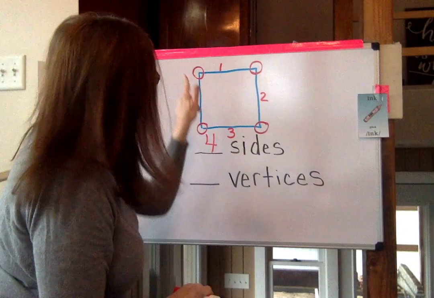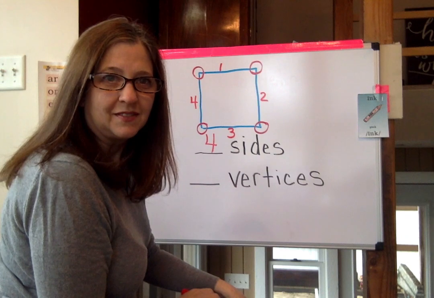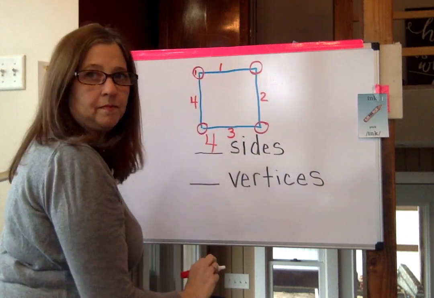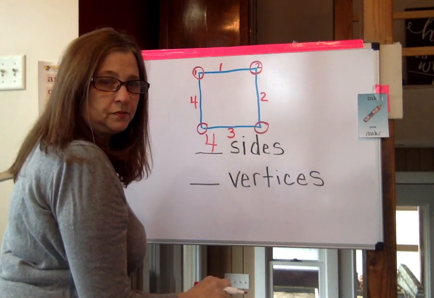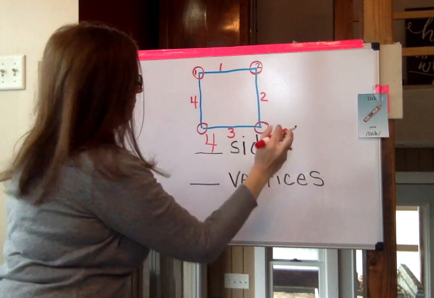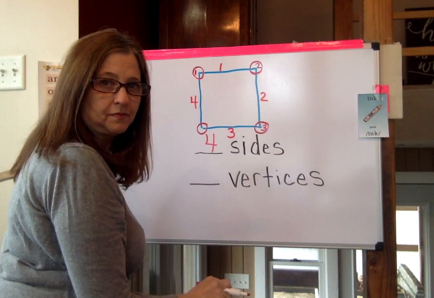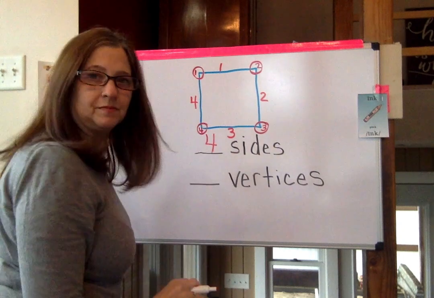So, how many vertices does a square have? 4. Very good. I'm going to label them. 1, 2, 3, and 4.